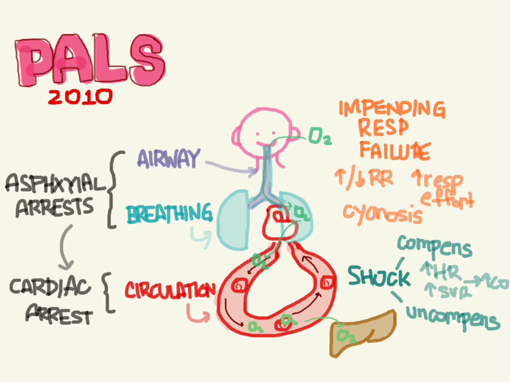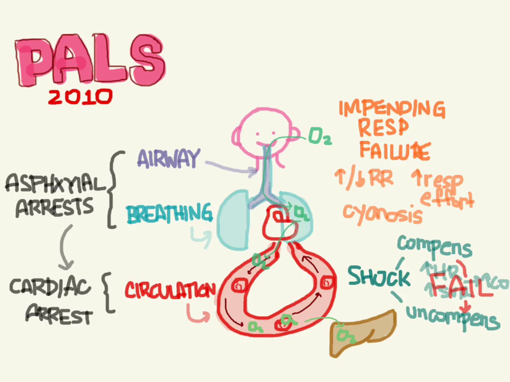So the result of this, what you would see is a tachycardia, and then you'd feel decreased peripheral pulses. Capillary refill might be decreased as the peripheral resistance goes up, and there may be cool, pale extremities. Now, as these compensatory mechanisms fail, then you get uncompensated shock.